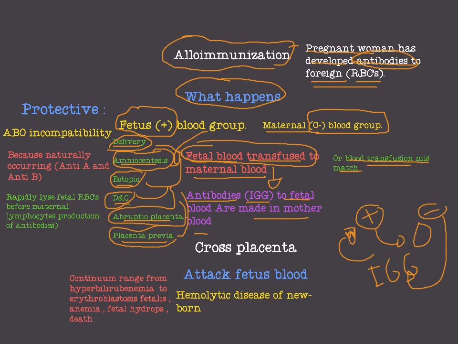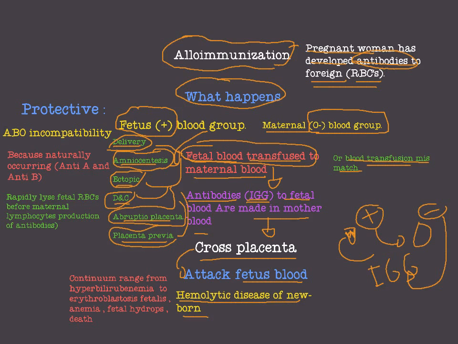The important thing here is that the IgG crosses the placenta and attacks fetal blood, and that will cause hemolytic disease of the newborn. And here all the story happens.